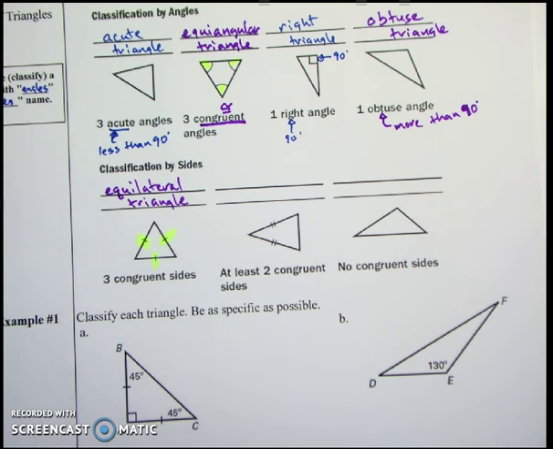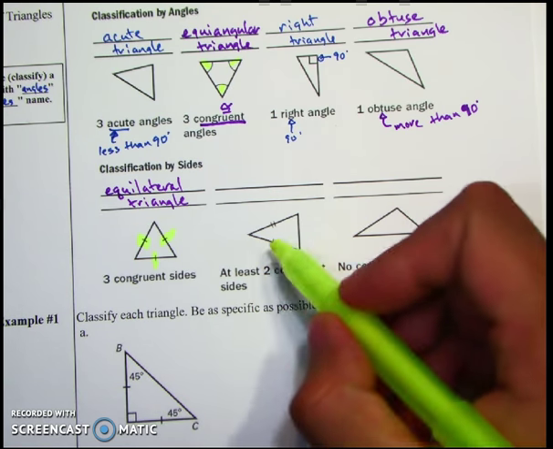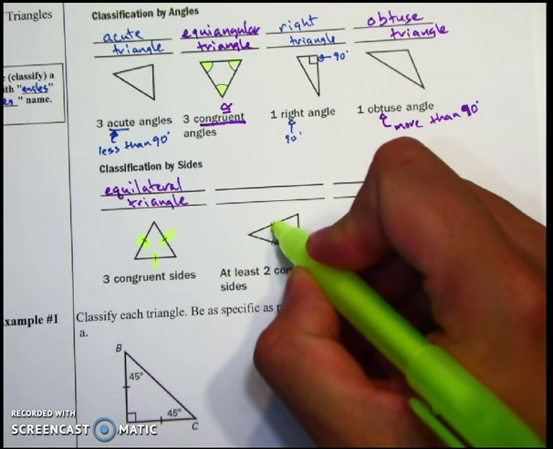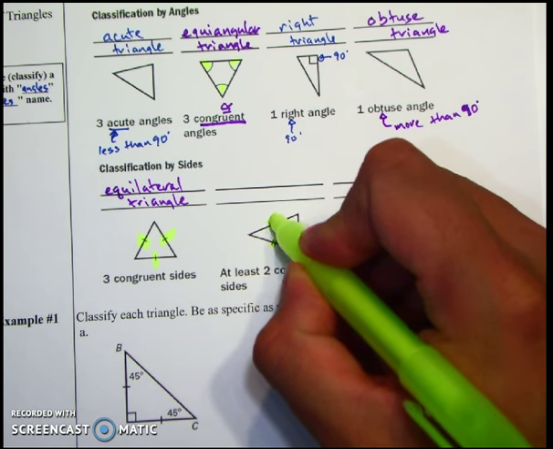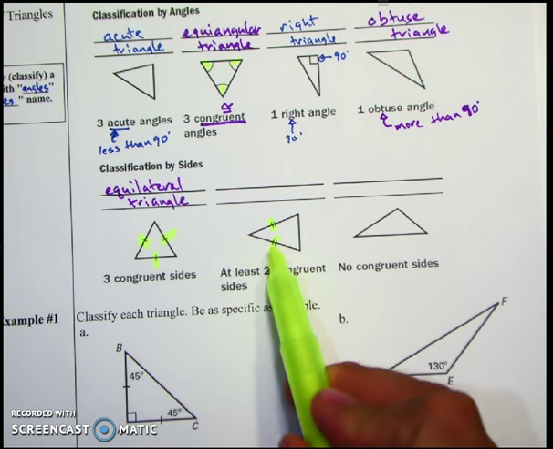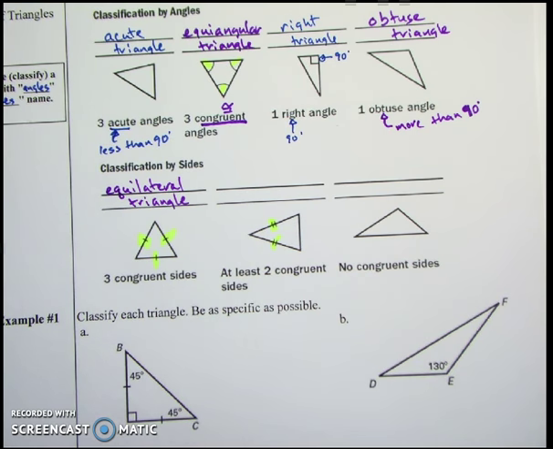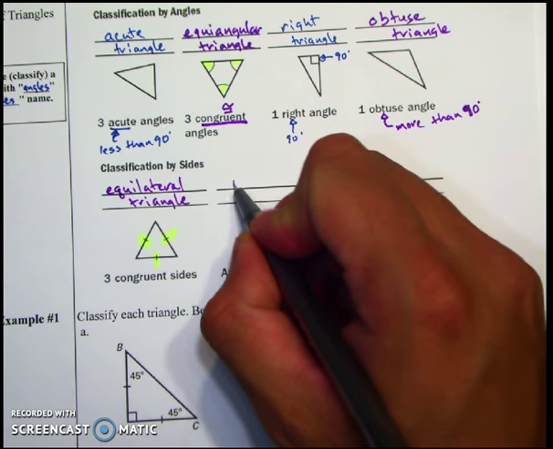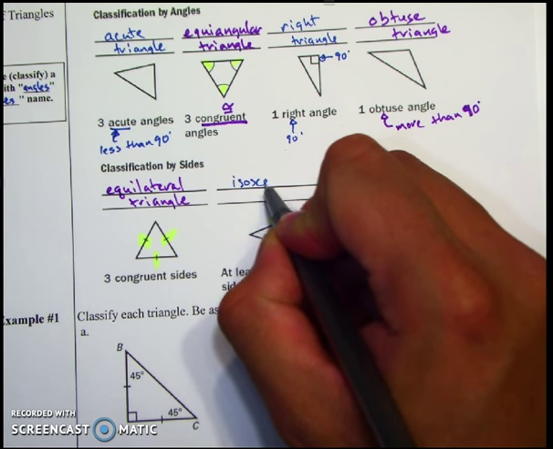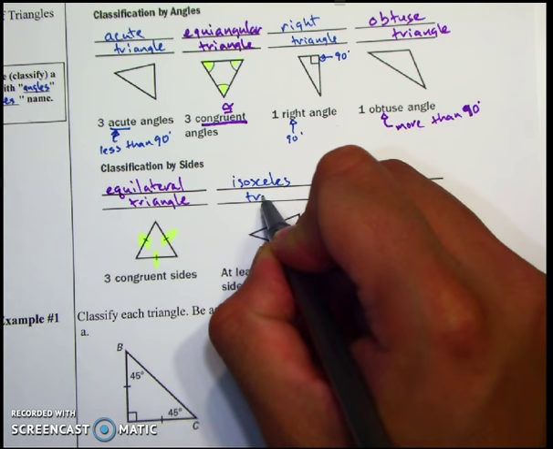They're congruent. Okay? If we take a look at this, notice that you have two tick marks here and two tick marks here. That means these two are both the same. So you have the same two sides, and we call that an isosceles triangle.